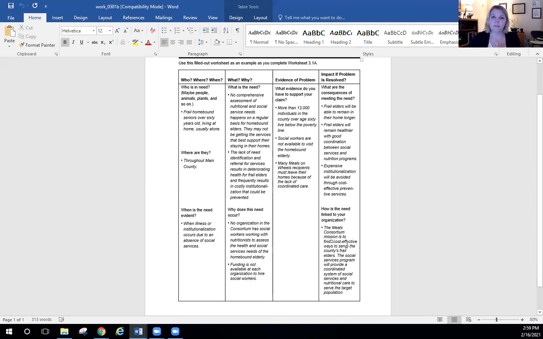Now, another tip: if the issue is much larger than what you're writing your grant for, and you're creating a new program, for example, you can create it as a pilot program or a sort of model program. I guess the wording would be more model, and that it can serve as a model for other organizations or other parts of town once you are able to get that one up and running.